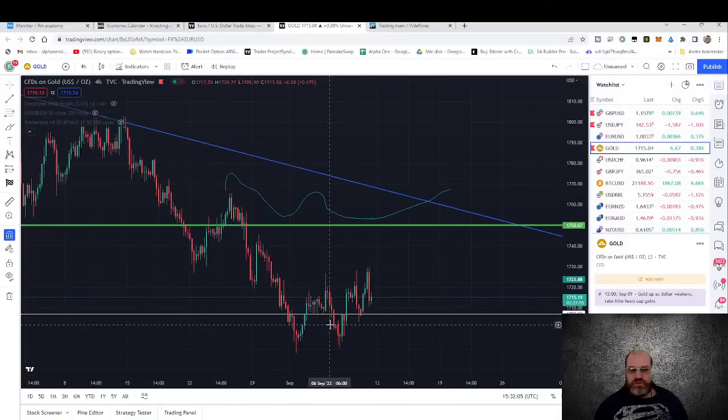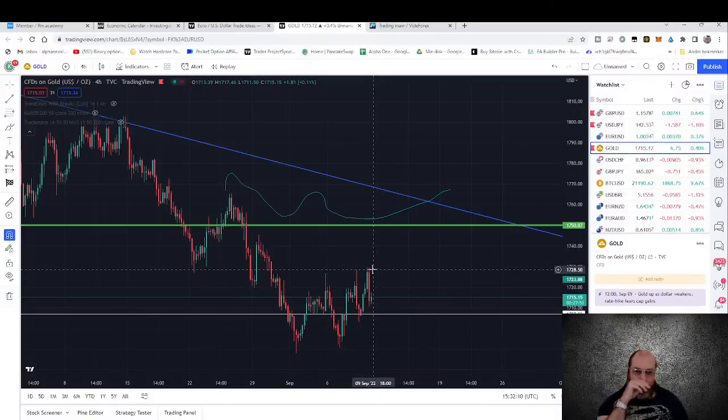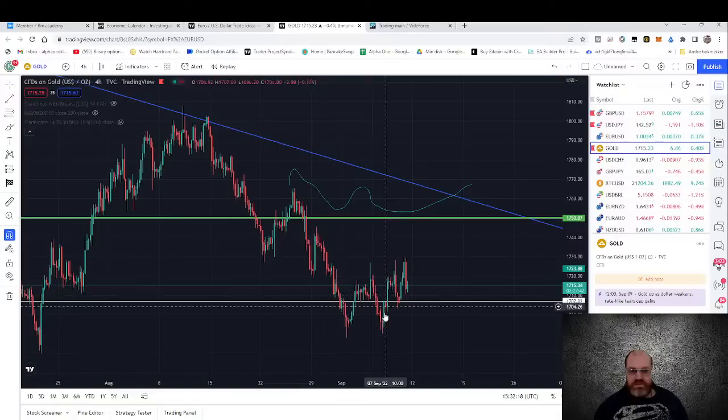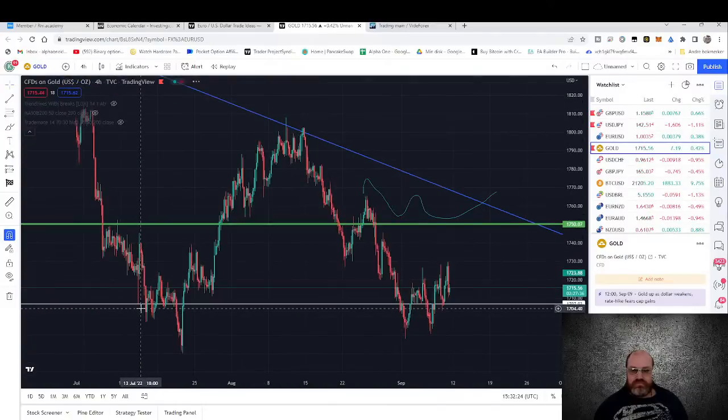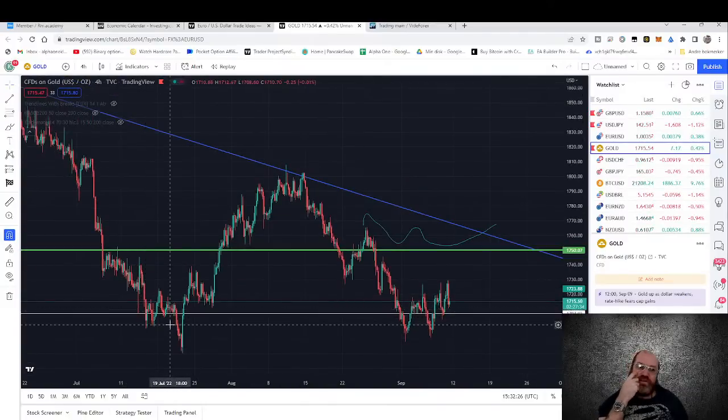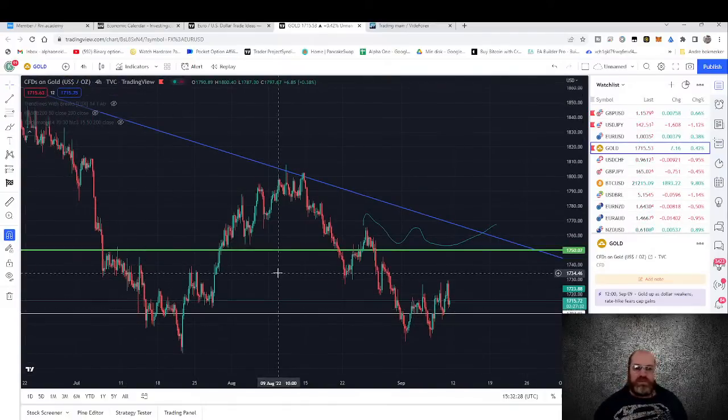Gold was moving a little upwards previously today, but we can see now we are going a little downwards again. There's not so much action in gold as we are used to. Typically we have been seeing gold trending upwards for a very long time.